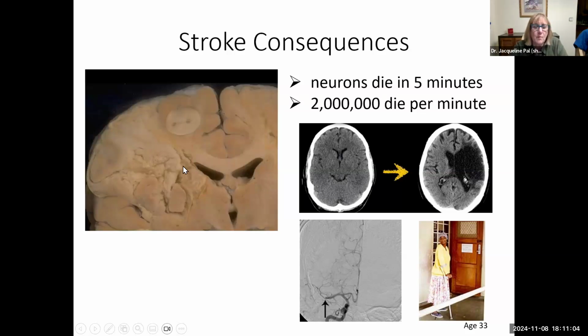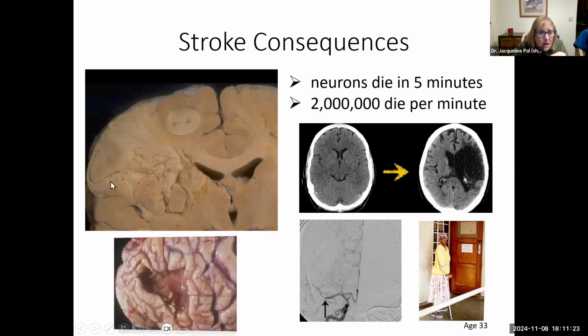If you look at a brain where somebody has had a recent stroke, you can see here's normal gray matter, and then underneath it, you can see normal white matter. And then this part right here where it all looks super soft and super squishy, this is the area of the brain that had the stroke. And then this is somebody who lived quite a long time after the stroke.